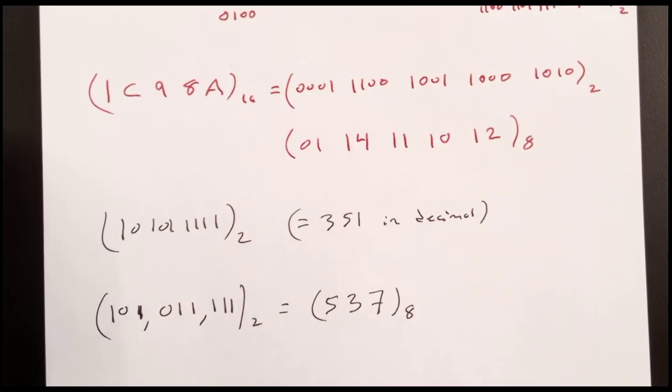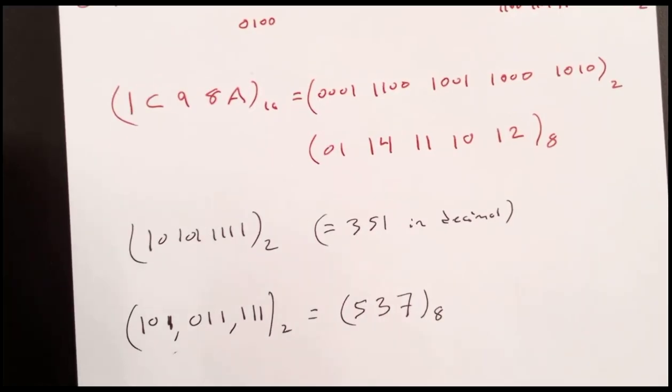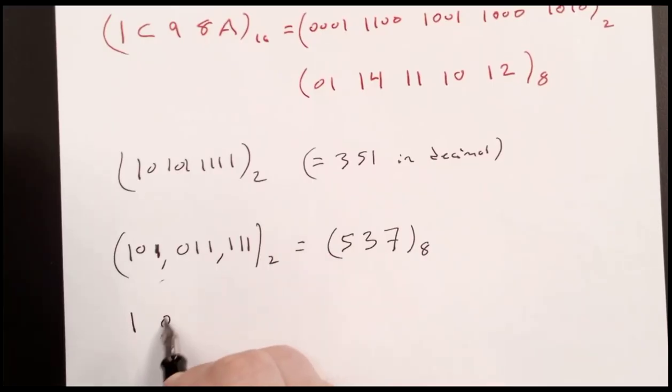If I want to do it in hexadecimal, 16 is 2 to the... What power of 2 gives me 16? So instead of breaking them up by 3s, I break them up by 4s.